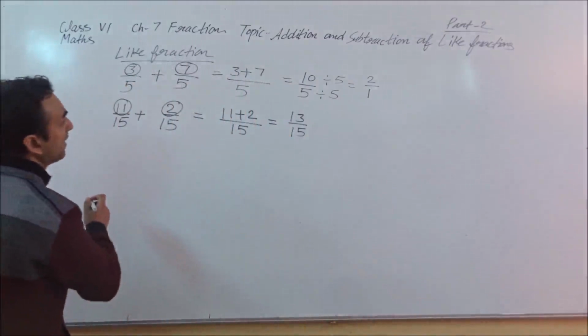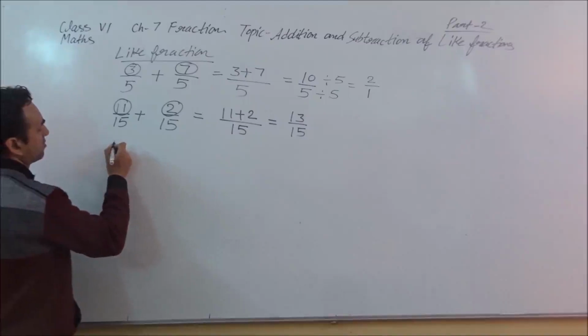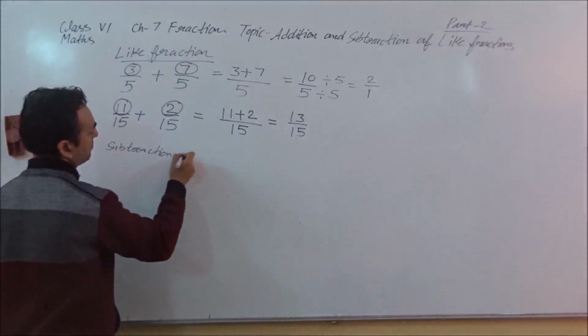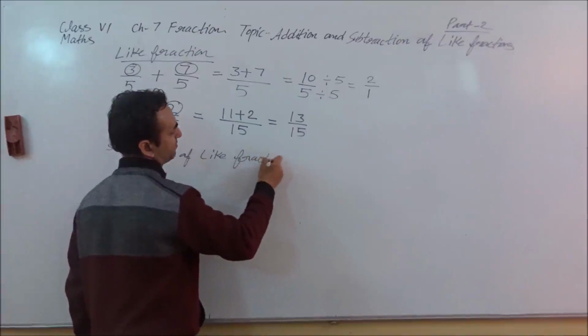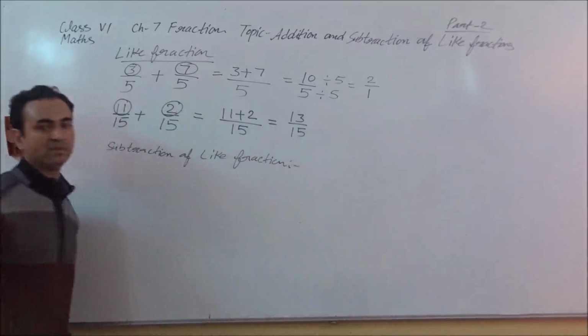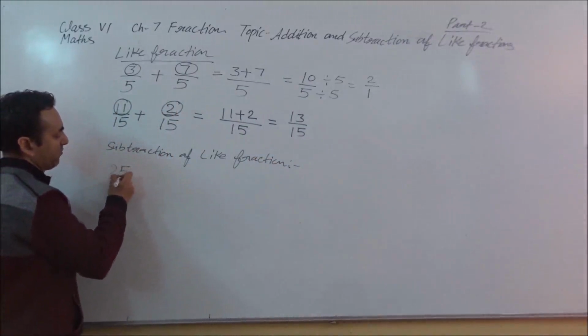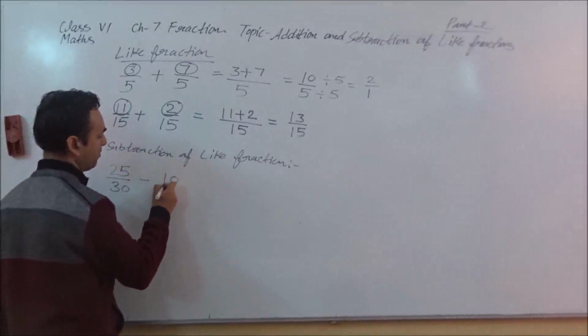Now we will do subtraction of like fractions. Right. Subtraction of like fractions. Suppose you take 25 upon 30 minus 10 upon 30.